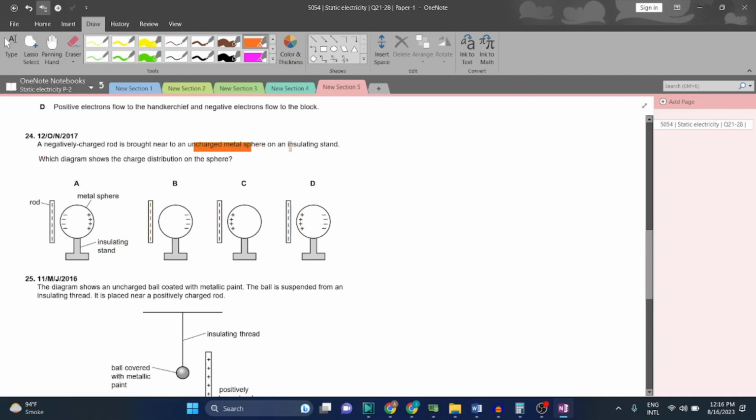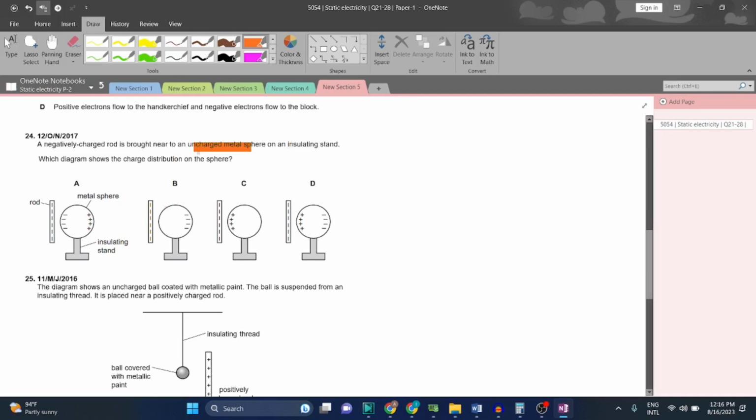Which diagram shows the charge distribution on the sphere? The negatively charged rod will attract the positive particles, because negative attracts positive. It does not attract negative, it repels it. It repels the negative. Like charges repel and different charges attract.